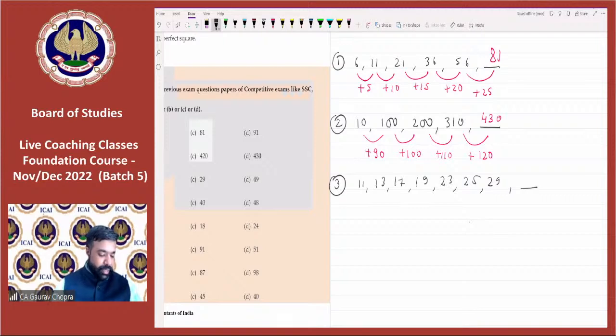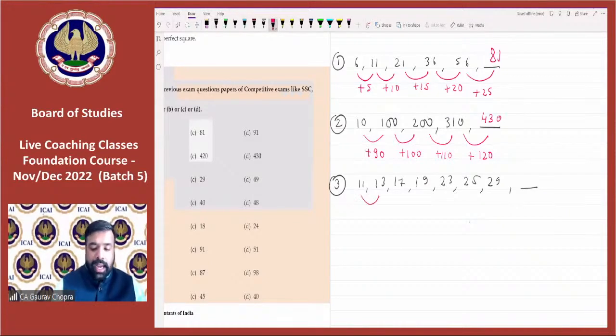Okay. So now, the next one. In this third one, what is the logic? If you see, all these numbers are prime numbers. All these numbers are prime numbers or not? No, all these are not prime because 25 is not a prime number.